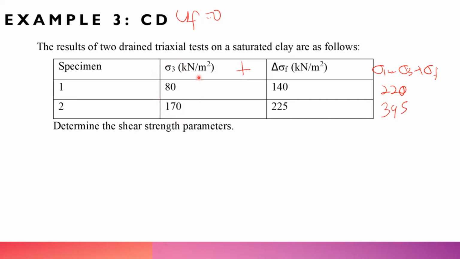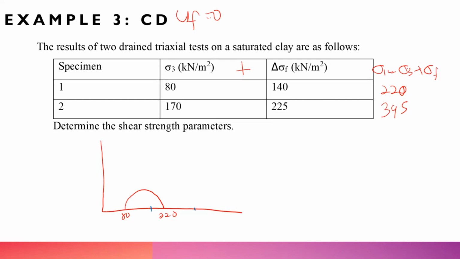So you are already given sigma 3 and you already calculated sigma 1. The next step is to plot the Mohr circle. I just do it roughly. Let's say this is the Mohr circle for specimen number 1, where sigma 3 is 80 and sigma 1 is 220, and for specimen number 2, sigma 3 is 170 and sigma 1 is 395, maybe here.